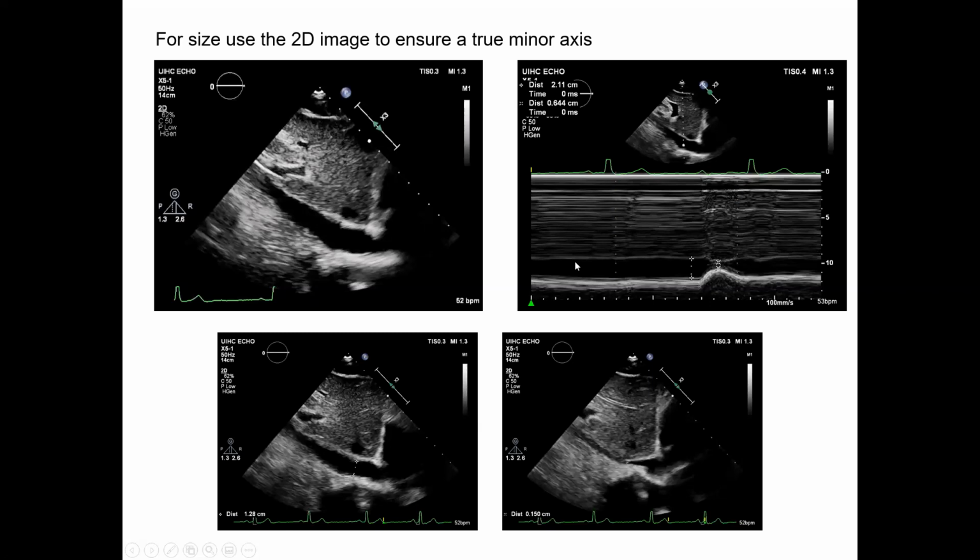Something I want to point out that you make sure to know: you really shouldn't report the IVC diameter from this M mode measurement, because notice we are not in the minor axis. It's almost always going to be off axis because the IVC is at an angle. So don't report this as the size. Report the 2D measurement as the size, because we'll be sure to get the 2D measurement in the minor axis.